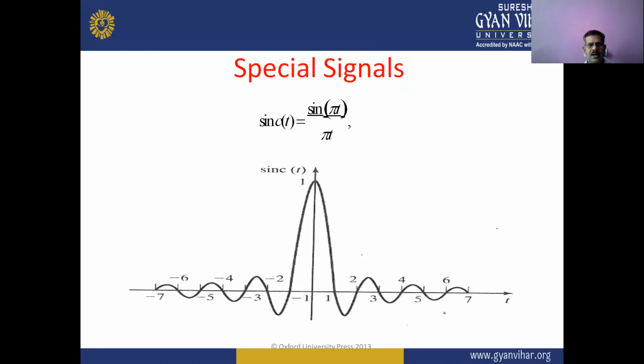And this is a special type of signal, which is represented by sinc(t) equal to sin(pi t) upon pi t. Here in this signal, the amplitude varies continuously with time.